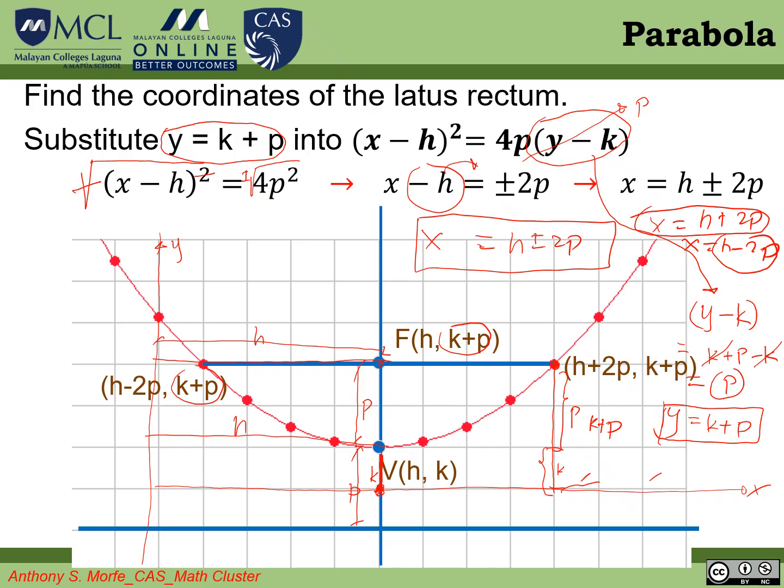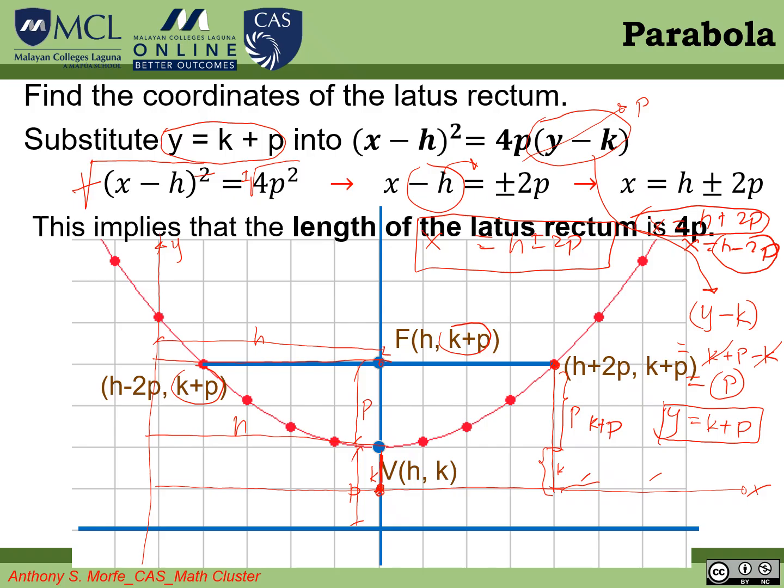So that's how to find the coordinates of the latus rectum. You just change the value of y based on our illustration here. Just remember this formula, class, that y minus k is equal to p. Alright, so that's the solution in finding the coordinates of the latus rectum.